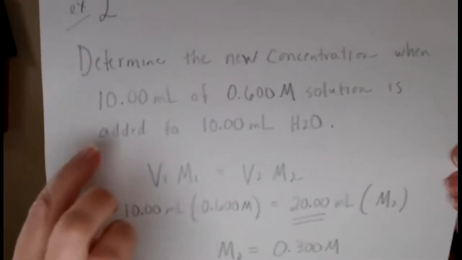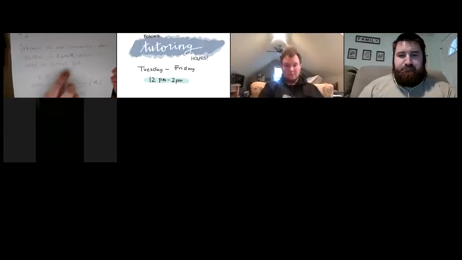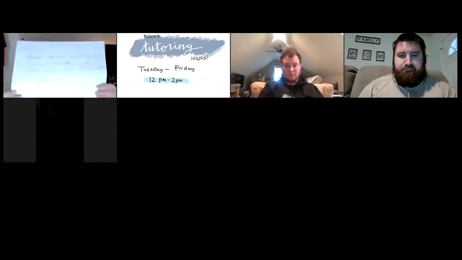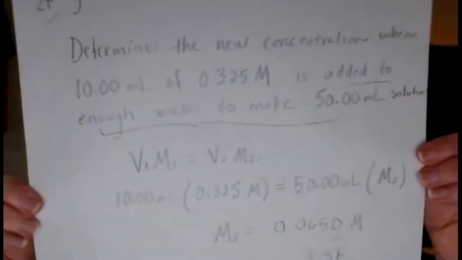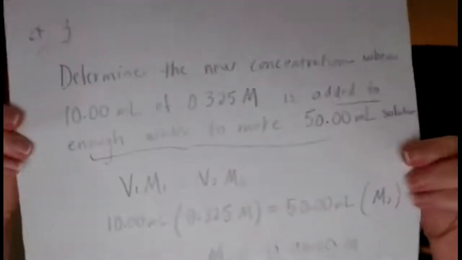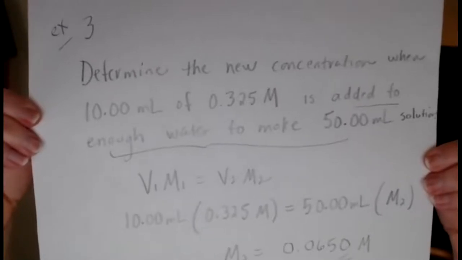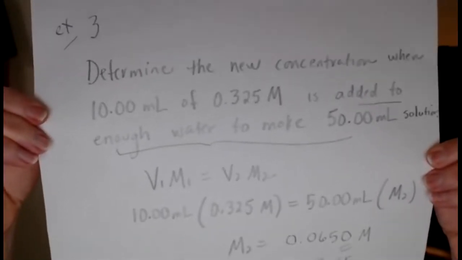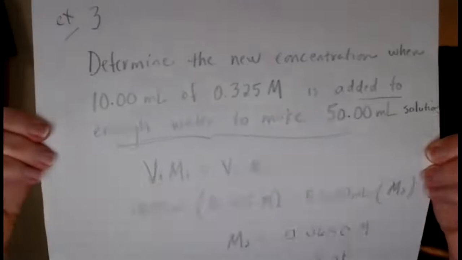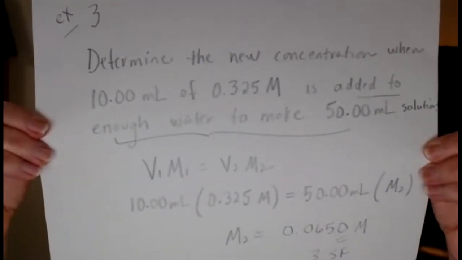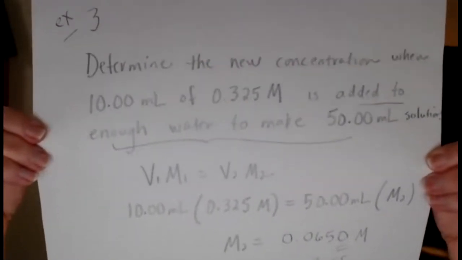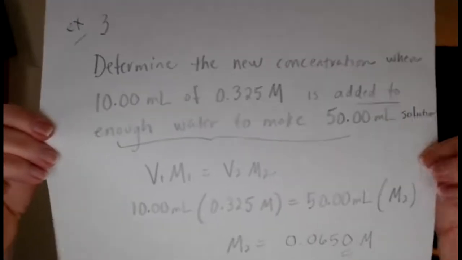Now, notice it says added to a volume of water. Look at this one. This one is saying added to enough water to make. And now I'm giving you the final volume is 50. So this one is: determine the new concentration when 10 milliliters of 0.325 molar is added to enough water to make the final volume.